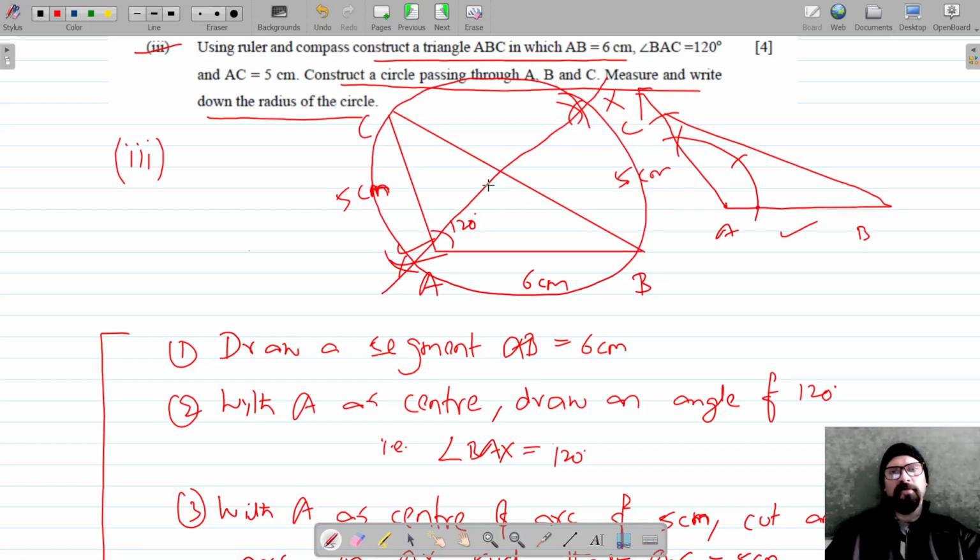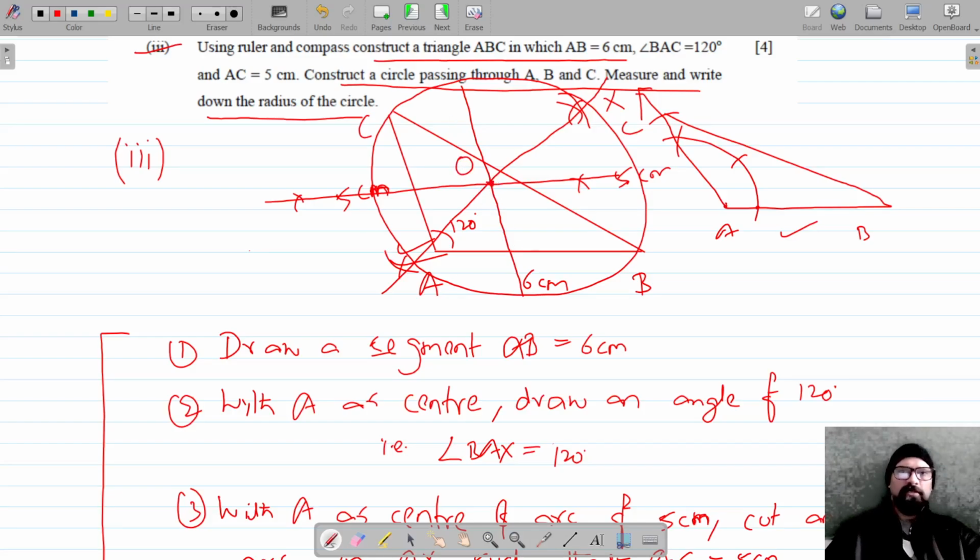So draw the perpendicular bisector of BC, draw the perpendicular bisector of AC, and you can also draw the perpendicular bisector of AB. The point where they intersect will be the center of the circle that passes through A, B, and C.